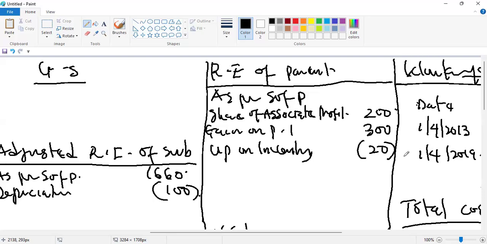Next. The current account between the parent and Lowland Limited did not agree due to goods that remain in transit as per note 4 above. As at 31st March 2023, receivable of the parent included 600 million due from Lowland Limited.